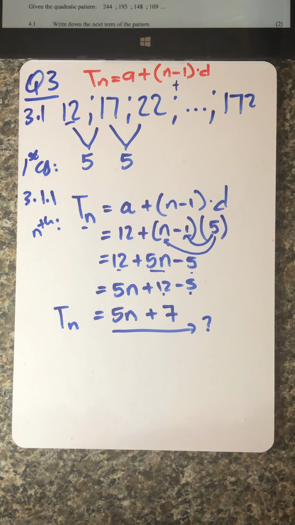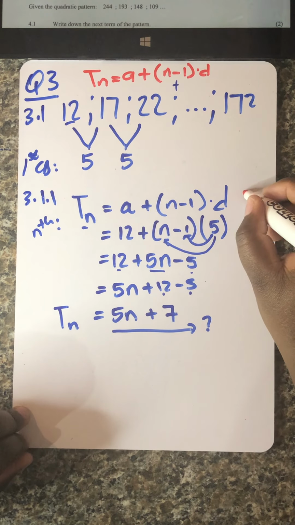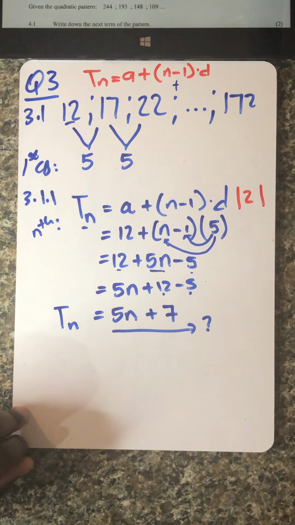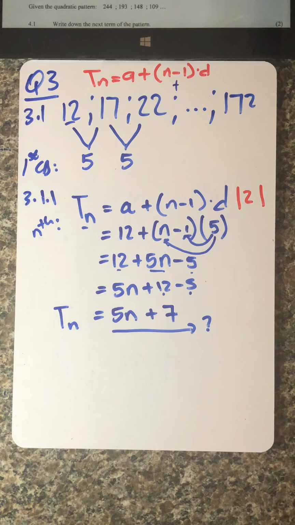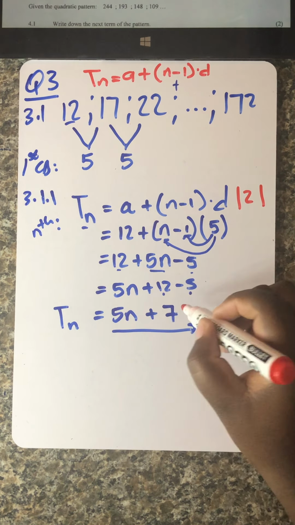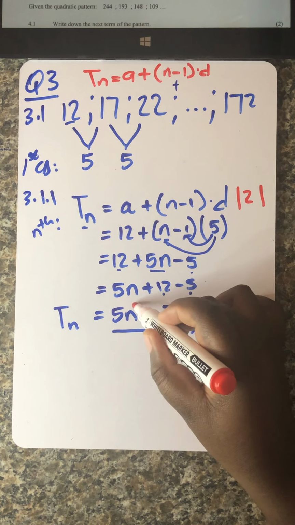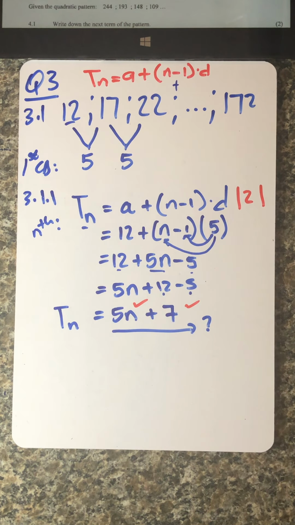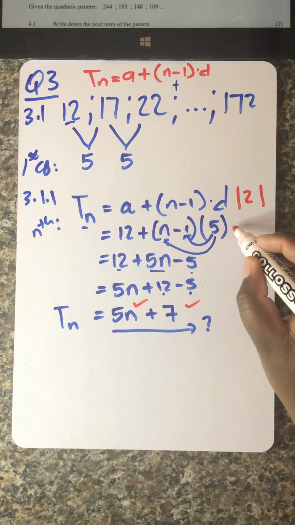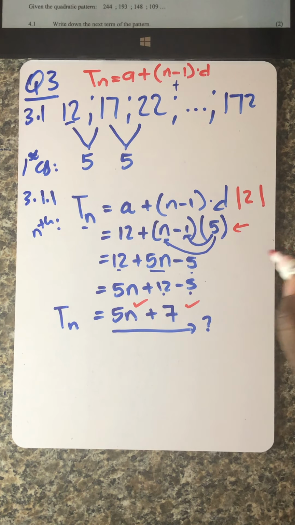So remember, this question was allocated how many marks? It was allocated 2 marks. So where do you score your marks, guys? They will just give you 2 marks for your final answer. You don't score any marks there.